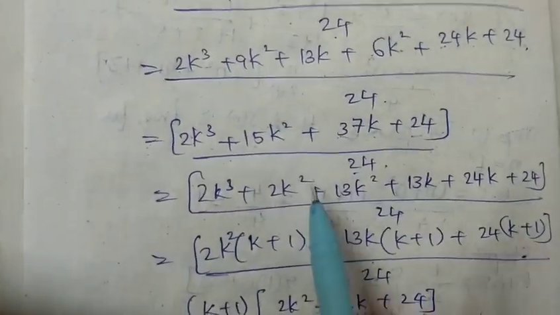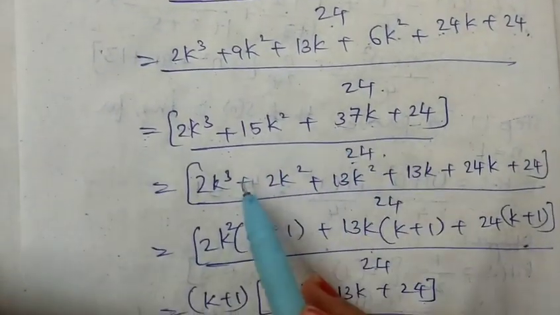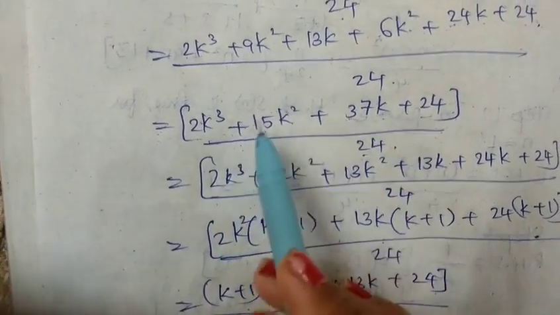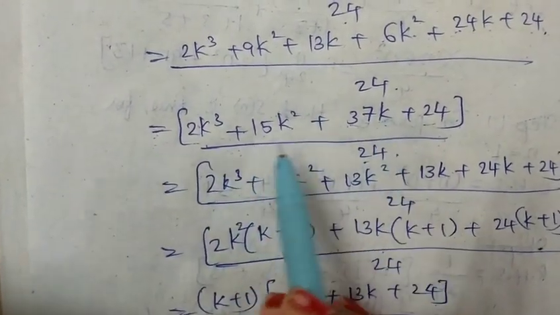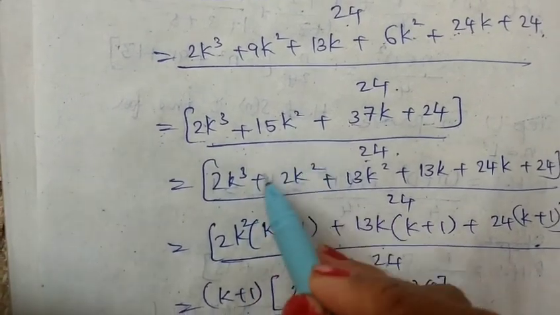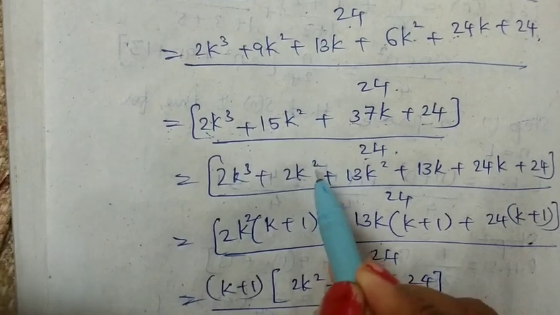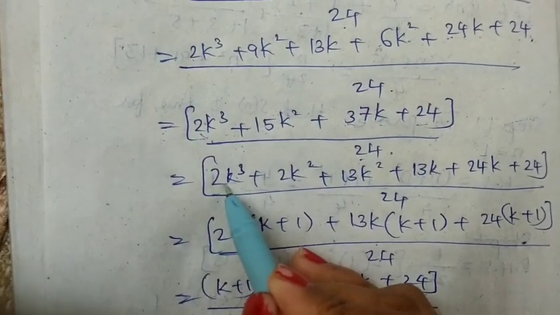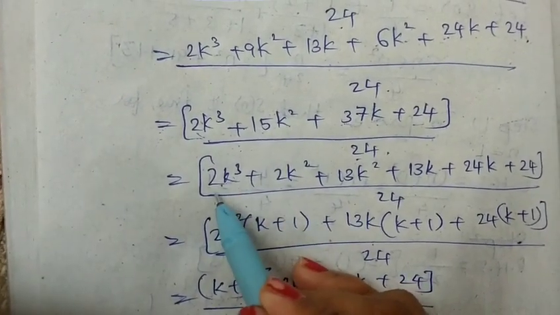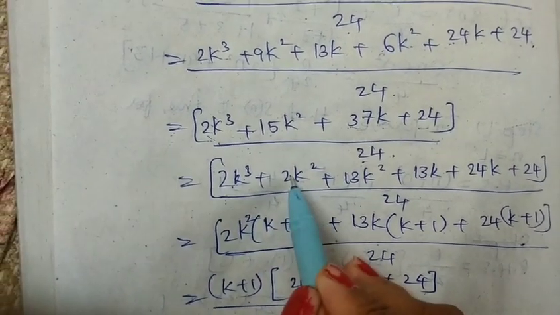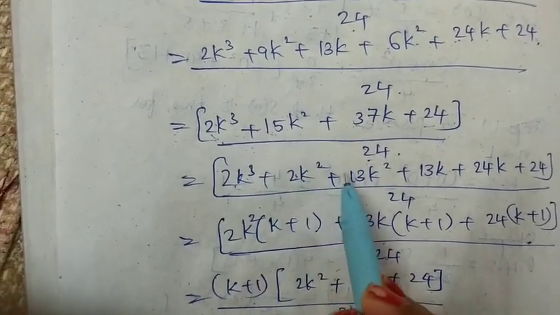Now as we simplified it, we just have to get from this equation itself, on the RHS, in terms of k plus 1. So for that you have to separate 2k cube plus 2k square. If you separate and check it, you will get 2k square into k plus 1. So you got one term. Similarly for the second term you have to do the same.